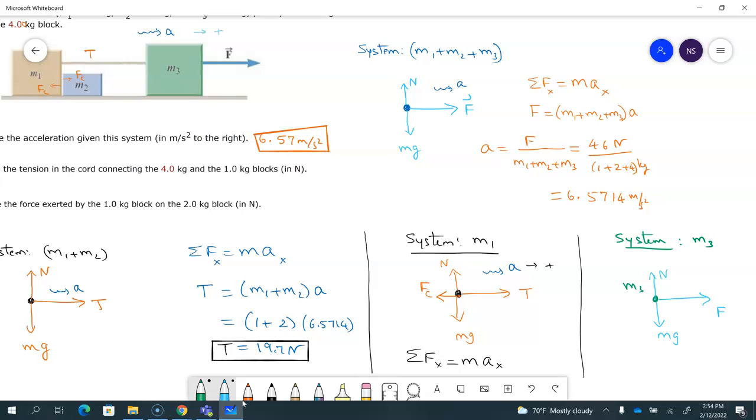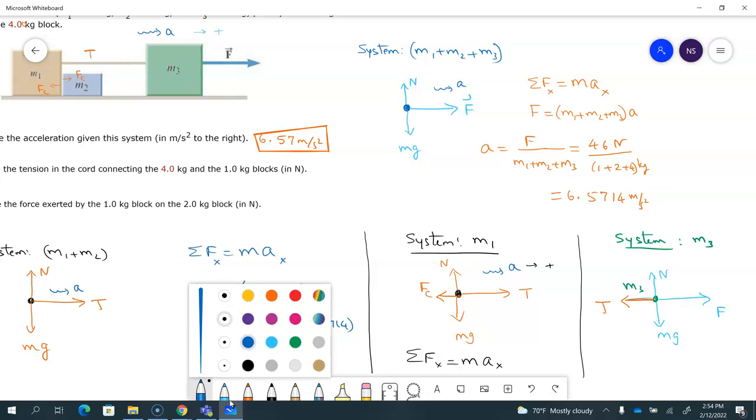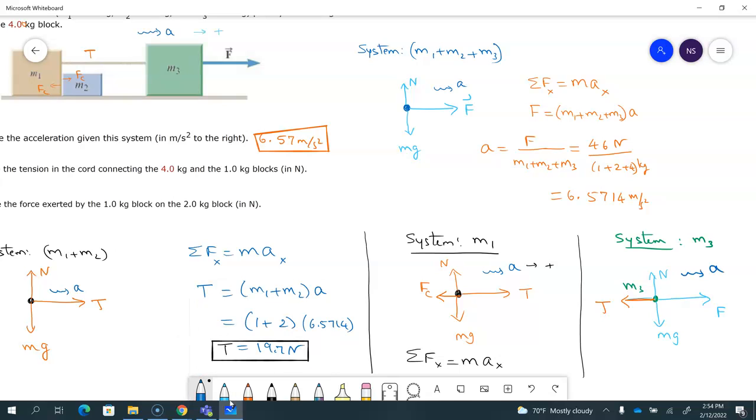What else? There's also the tension pulling on it, pulling it back this way. But the force has got to be bigger than the tension so that it can accelerate to the right. So its acceleration is to the right this way.